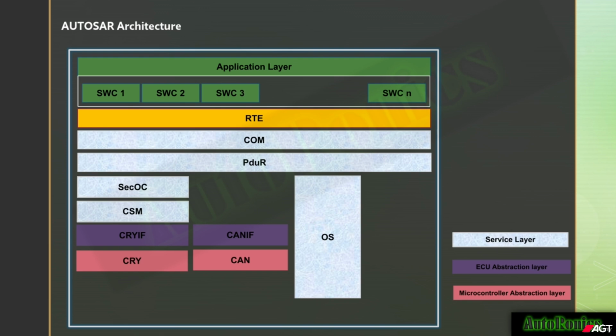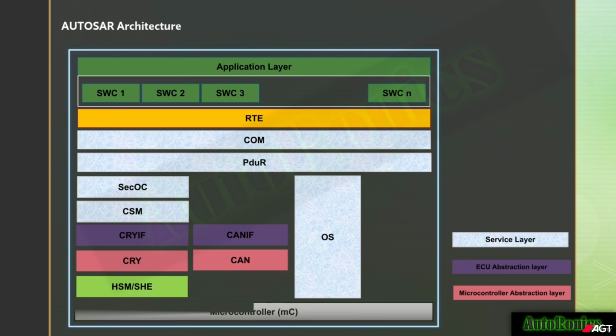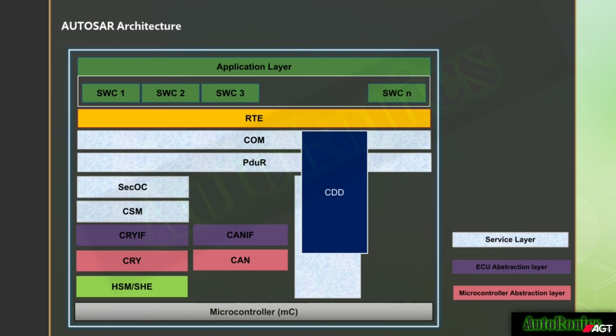And in the CAN stack, CAN is the MCAL layer. And then the HSM or the SHE, which is the security module that performs the cryptographic operations. And then the microcontroller, which can be from any silicon vendor like NXP, Renesas, Infineon or Texas Instruments.